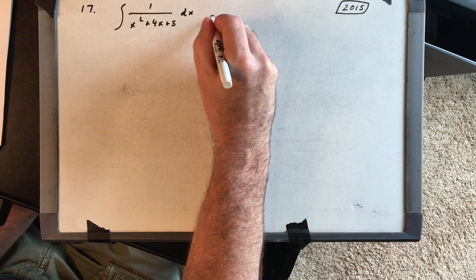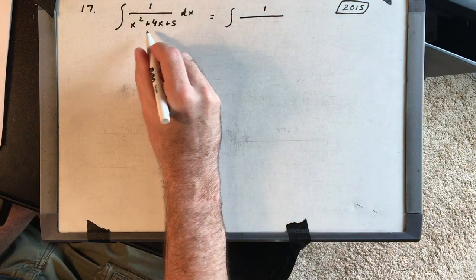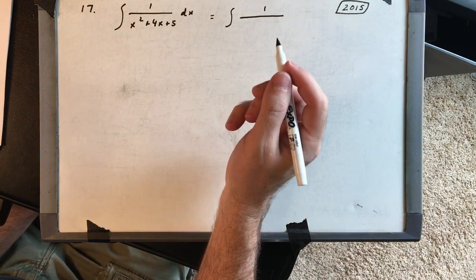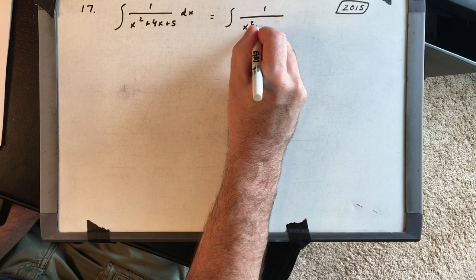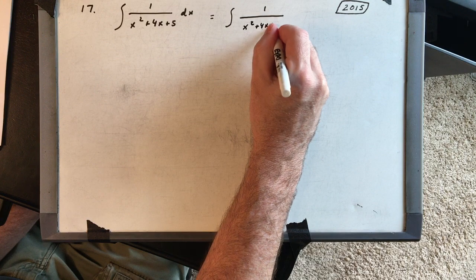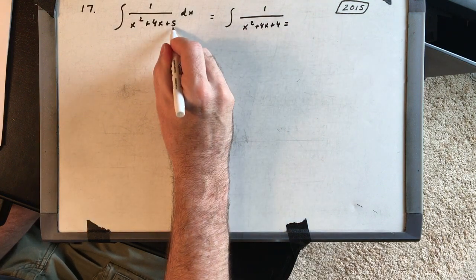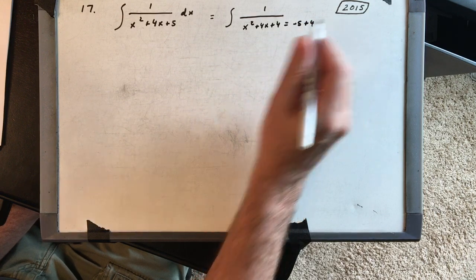All right, so what we did is we rewrote this, and we used the algebraic maneuver of completing the square. So it's x squared plus 4x, take half of that coefficient and square it, plus 4. Move the 5 to the other side, -5, and then we have to also plus 4.